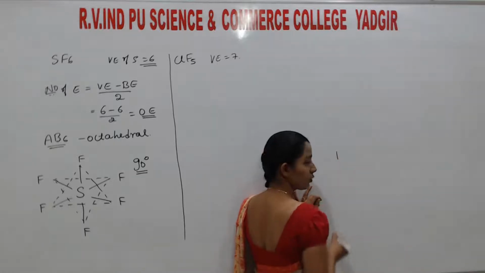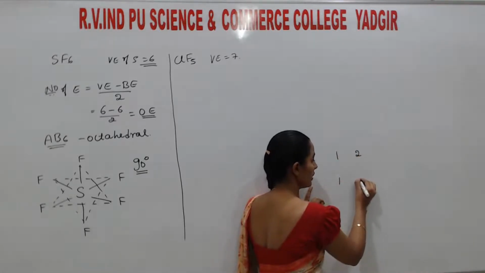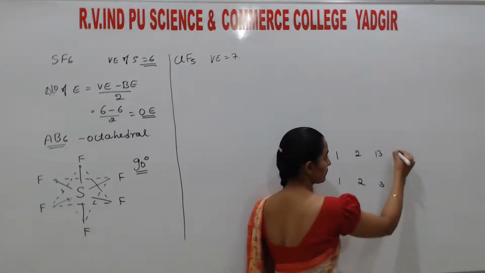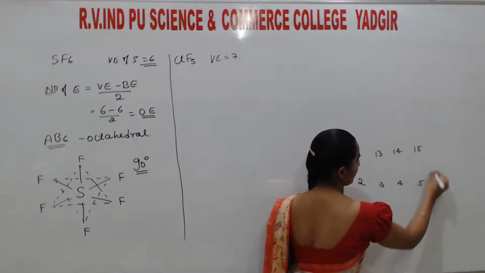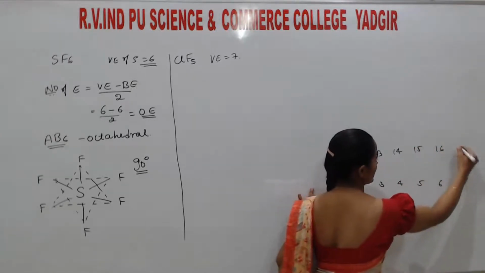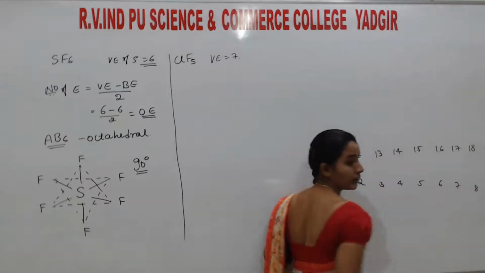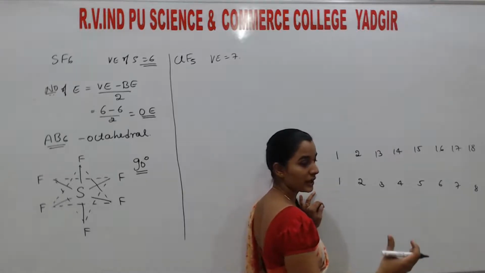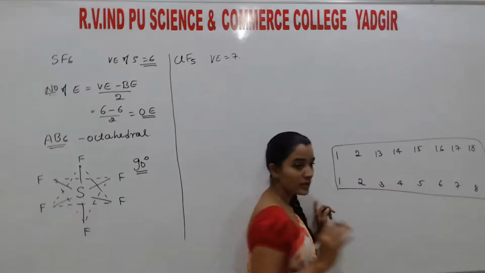So if it is first group element, valence is 1. Second group, valence is 2. Third, valence is 3. Sorry, 13. 14 valency 4, 15 valency 5, 16 valency 6, 17 valency 7, 18 means valency 8. What is it? Valence electrons, number of outermost electrons. You remember this. So one which belongs to a family, once you know that.